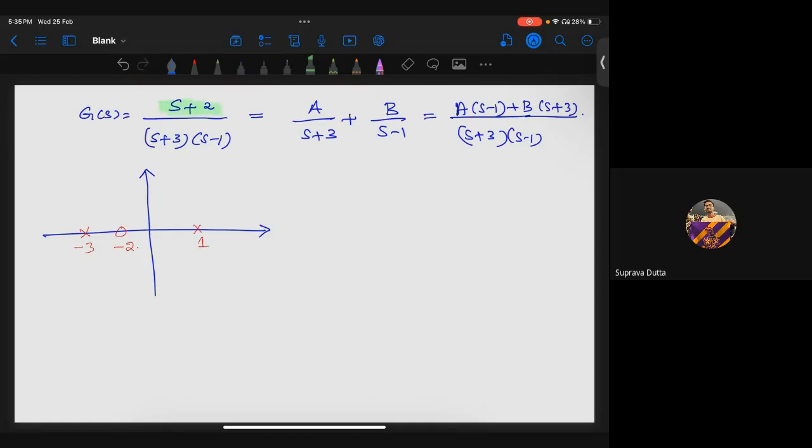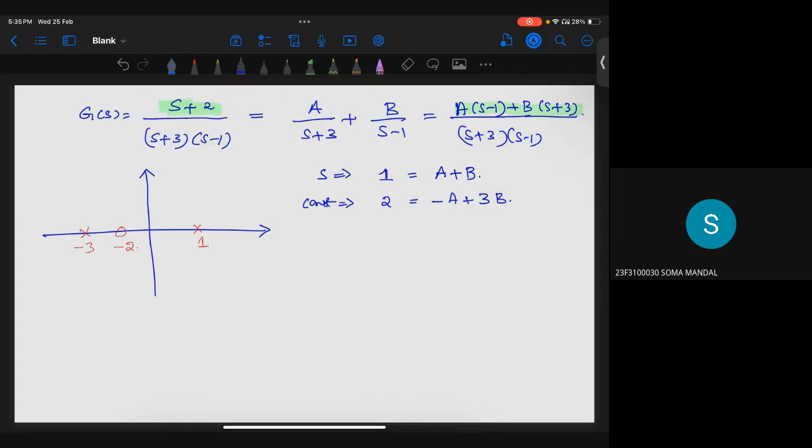Here we have s plus 2. If you compare the coefficients of s, we have 1 here and a plus b here. If you compare the constants, we have 2 here and minus a plus 3b, am I correct?